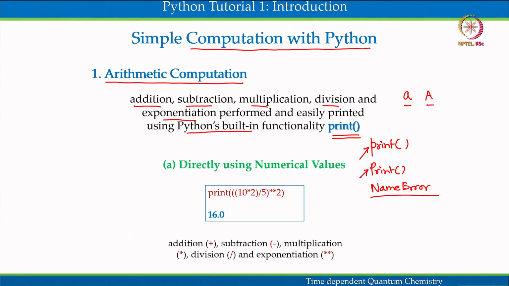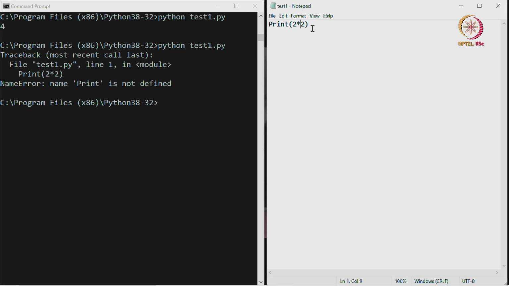We will move on and print what I have written here. Ten multiplied by 2, I am using parentheses to preserve the order of the operation, so that one can read easily and understand what kind of operation we have.